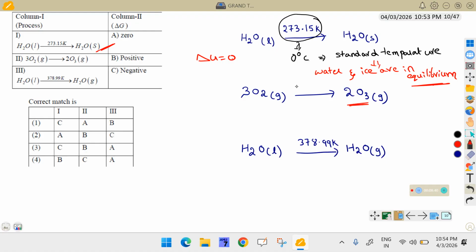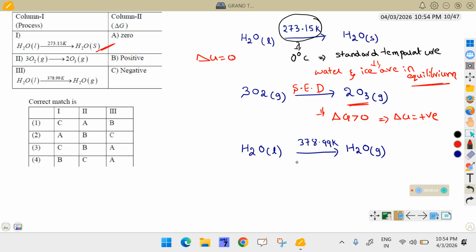Ozone preparation: oxygen undergoes silent electric discharge to give ozone. The value of delta G is greater than 0. That is, delta G value is positive.